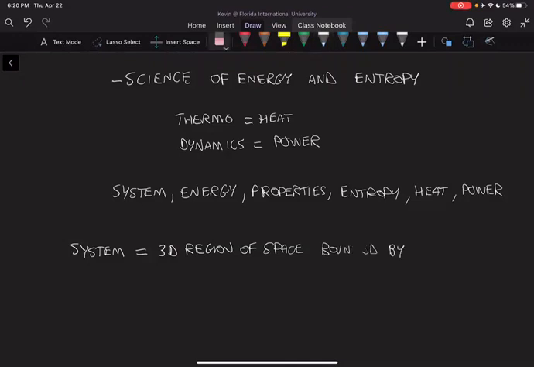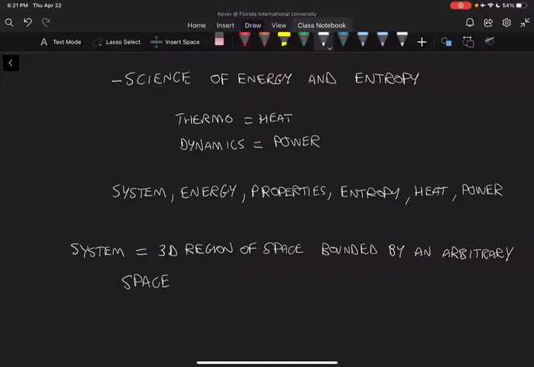Sorry about that, this should say bounded. So what does that mean, you would ask me, right? It seems like it's a little bit vague as a definition, but we'll go into it a little bit more.